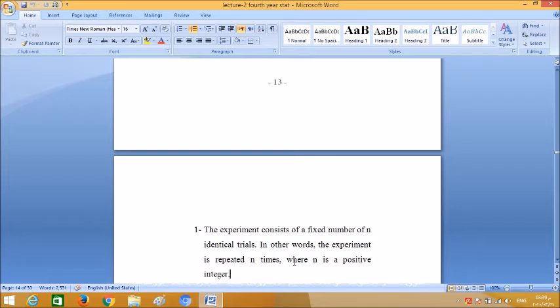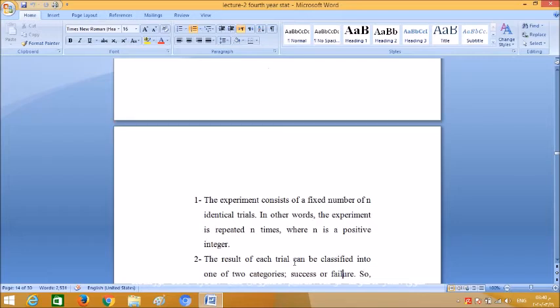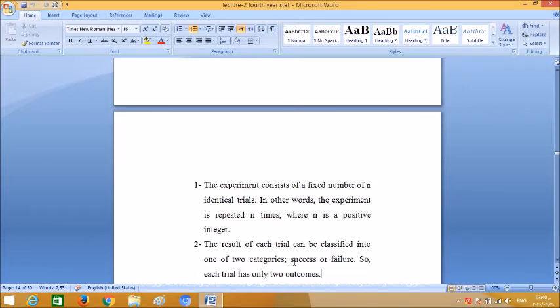So any statistical experiment must repeat n times, or n identical trials. This is the first one. The second, the result of each trial can be classified into one of two categories, success and failure.